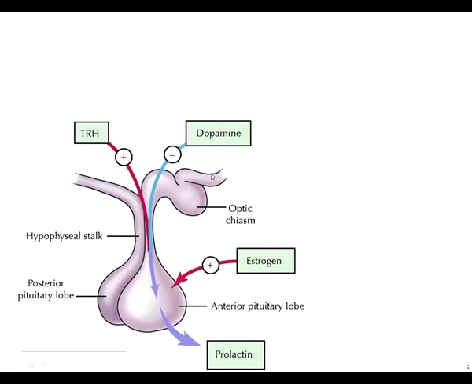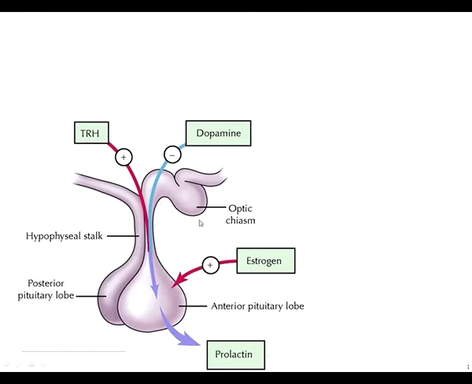The major effectors of these are the TRH, which potentiates the secretion of prolactin, and the dopamine, which inhibits the secretion of prolactin.